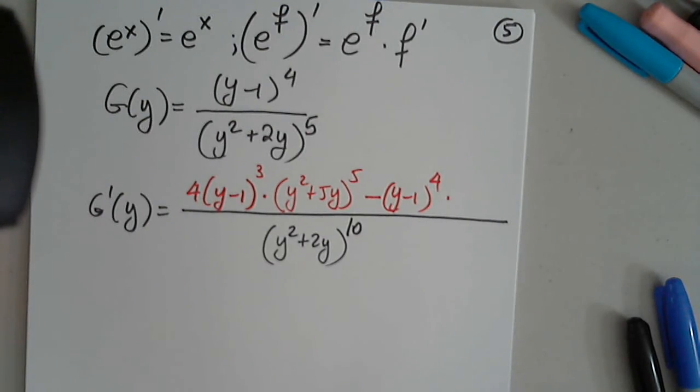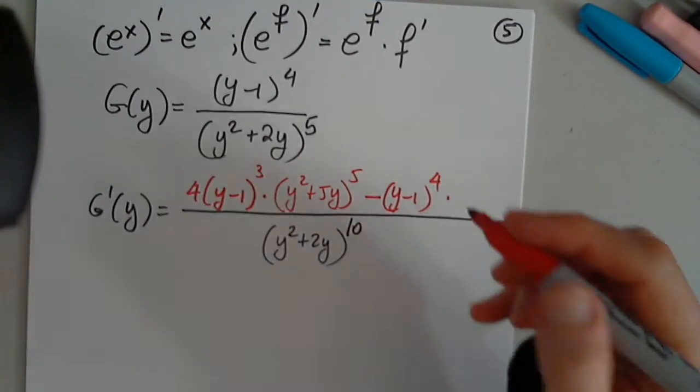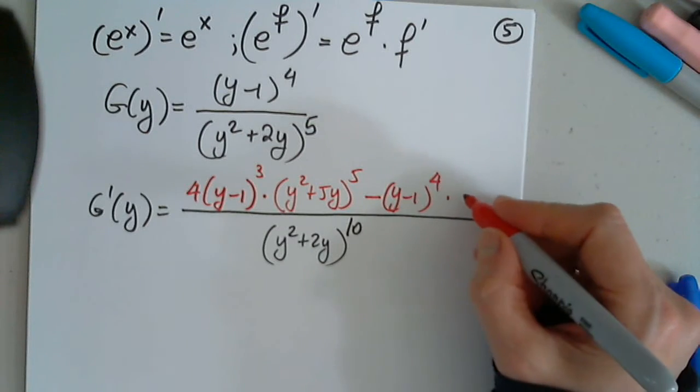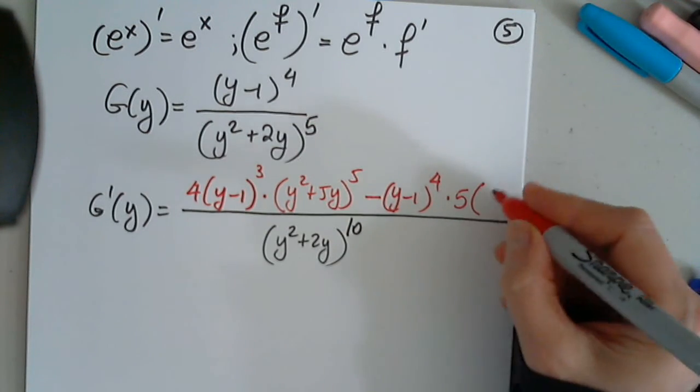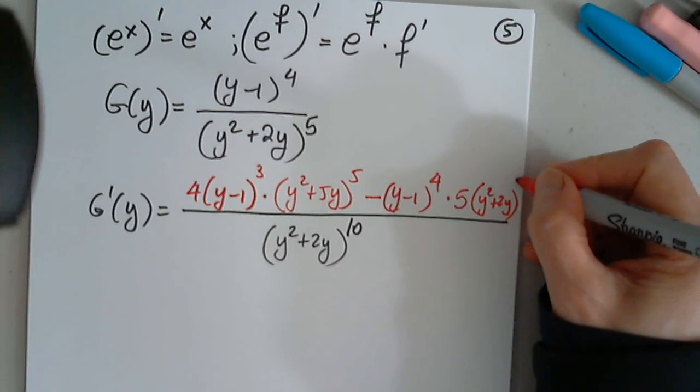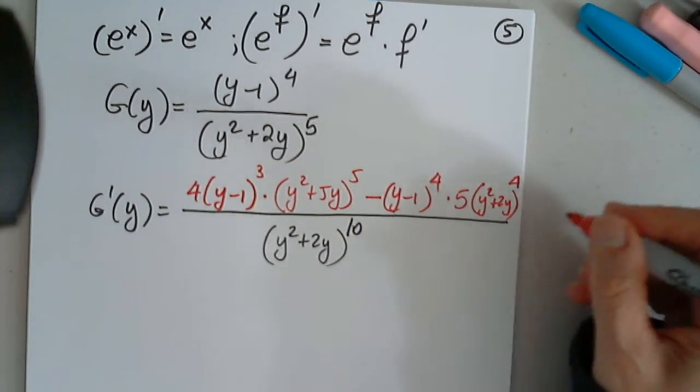And now, can anyone differentiate the denominator for us? It's going to be 5 y squared plus 2y raised to the power 4. Very good. Of course, I ran out of room.